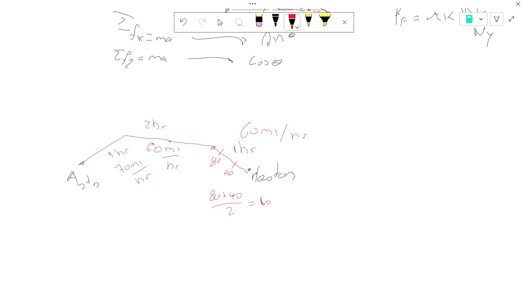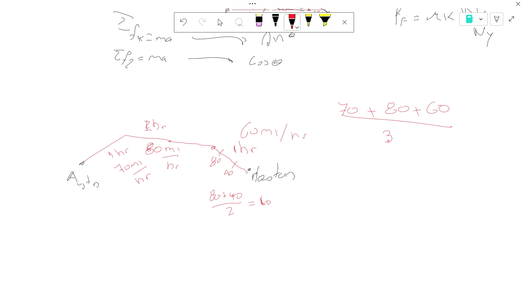So let's say right here you went at 80 miles per hour. Okay, so see, I'm already taking averages, and averages is just very convenient. So what we have is that in this case, though, if it was 1 hour and 1 hour and 1 hour, it will be very simple. If this is 1 hour, it will be just 70 plus 80 plus 60 divided by 3.